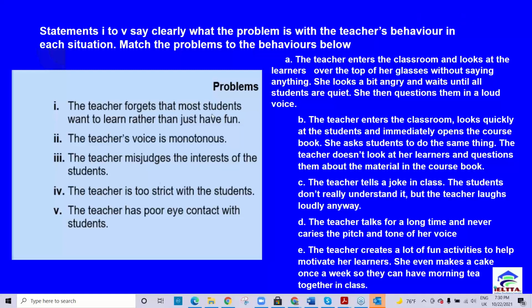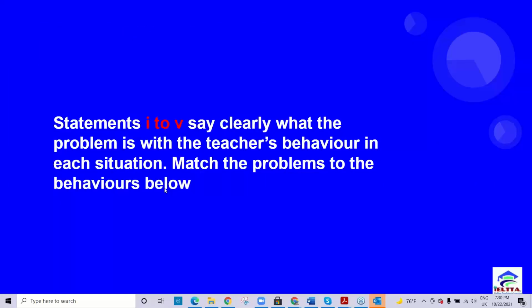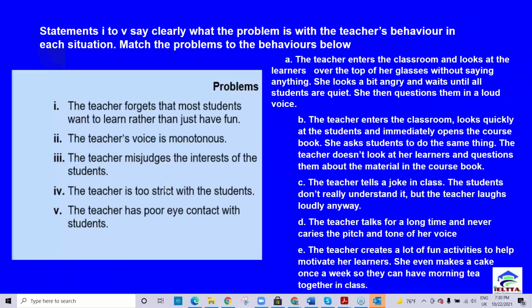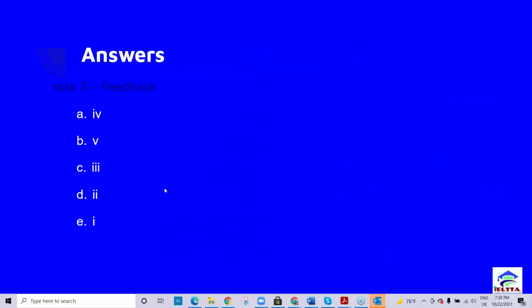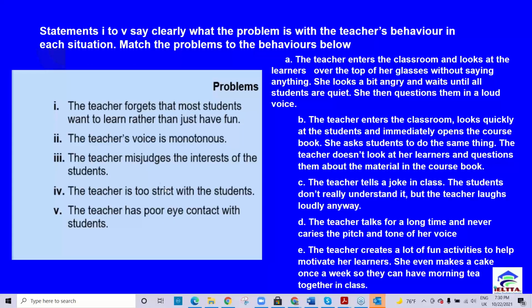This will go with number B, Mr. Absalam says. Yes, exactly. And finally, the teacher is too strict with the students.